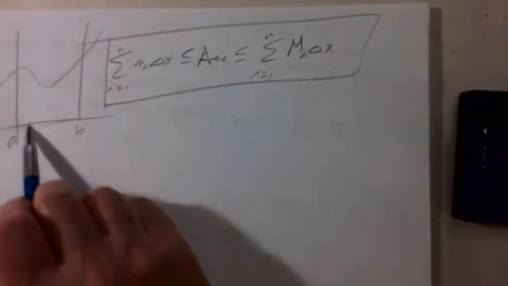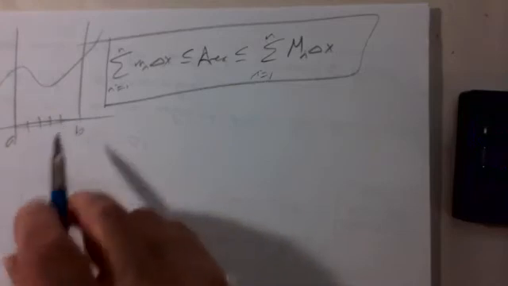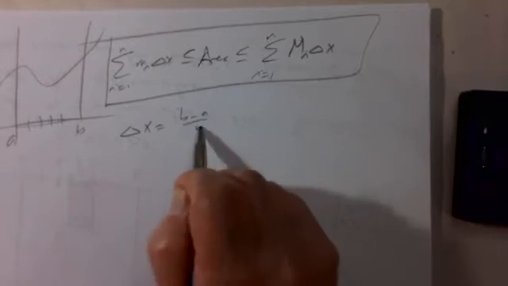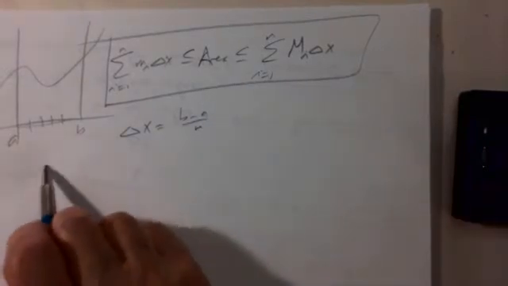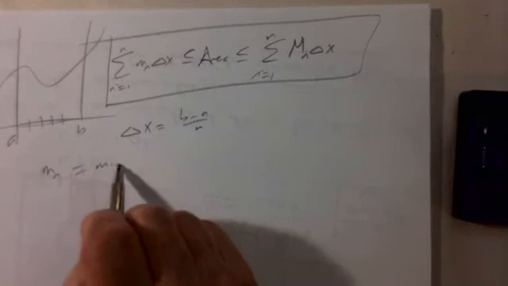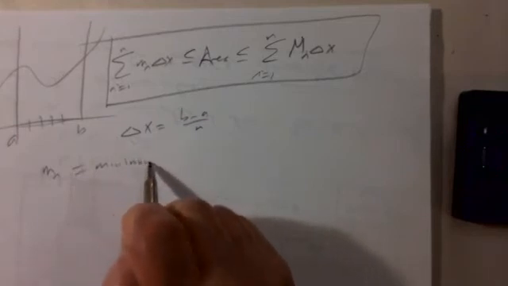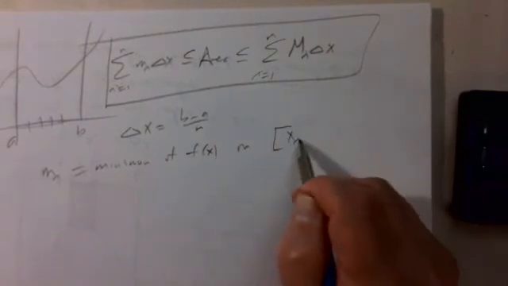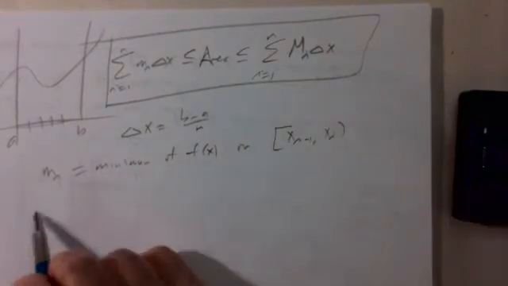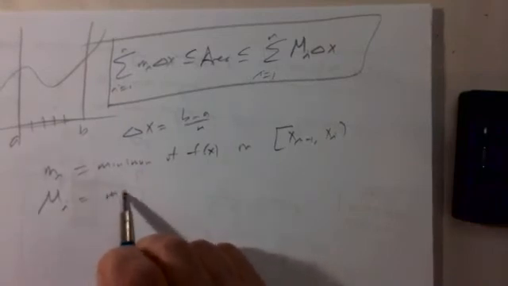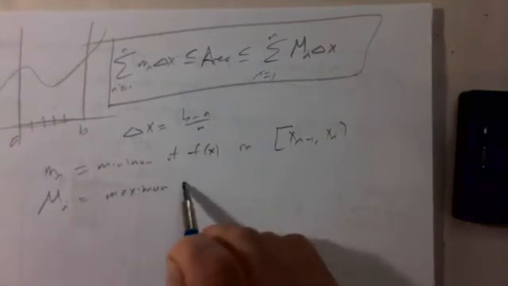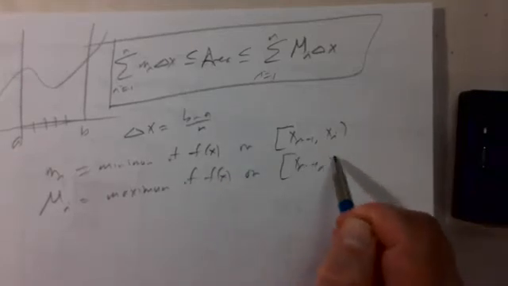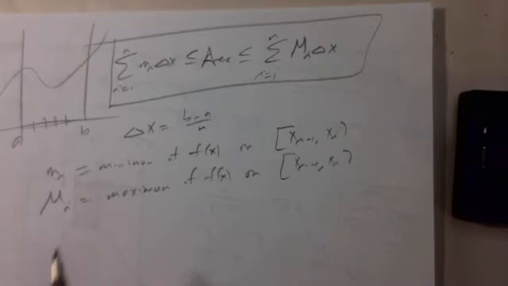So we have this interval from A to B. We divide it up into n equal pieces of width delta x equal to b minus a over n. Little m sub i is the minimum value of f of x on the interval from x i minus 1 to x i. Capital M i is the maximum of f of x on the same interval.